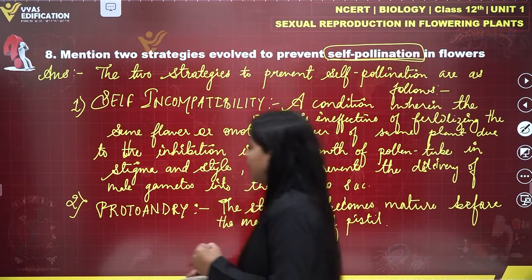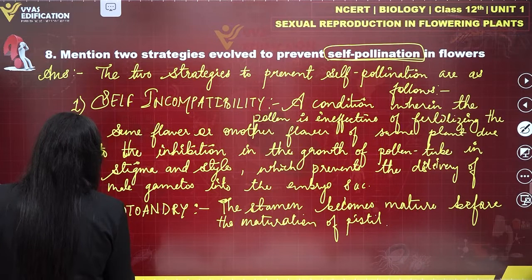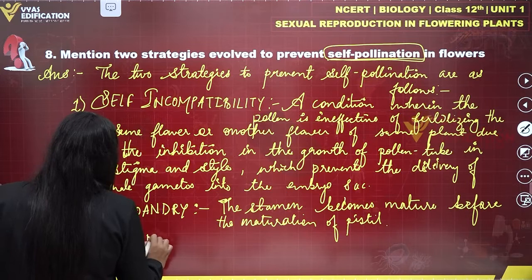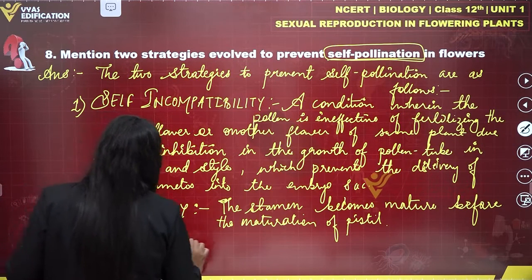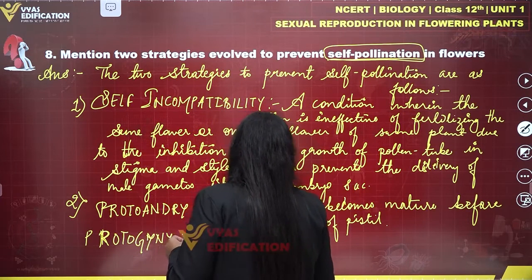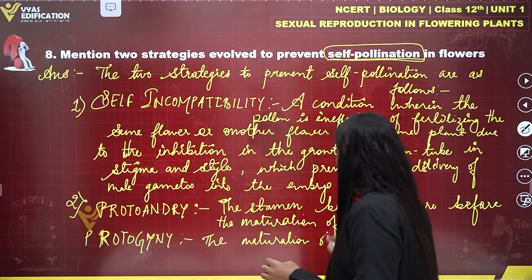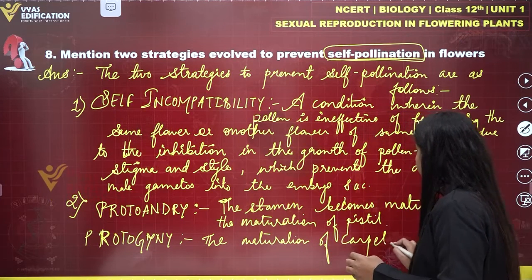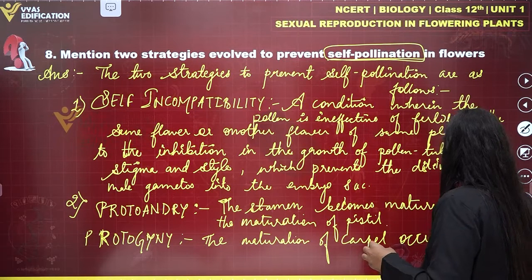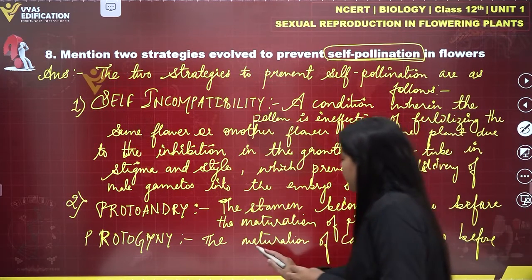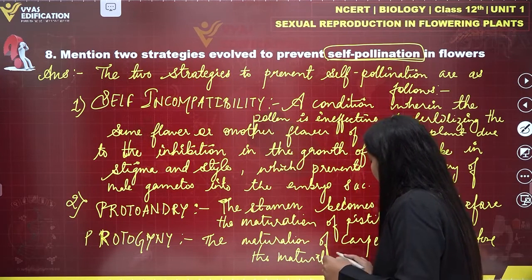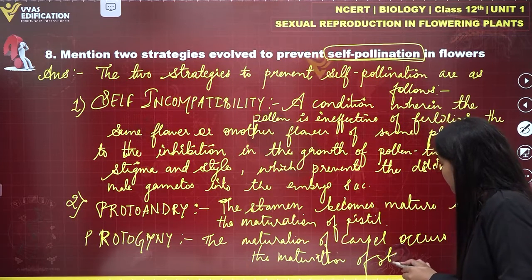In this strategy we have another type, that is protogyny. So in this, the maturation of carpel or pistil occurs before the maturation of stamen.